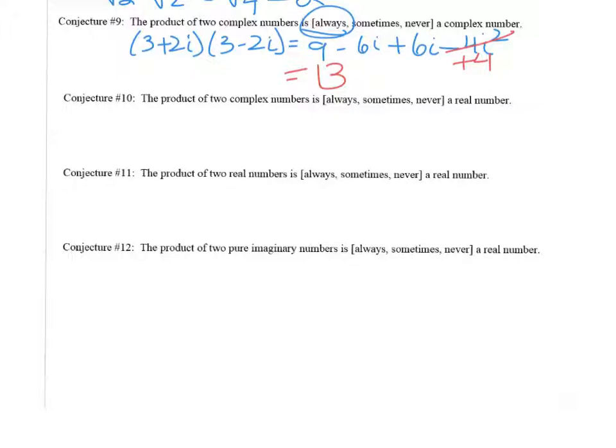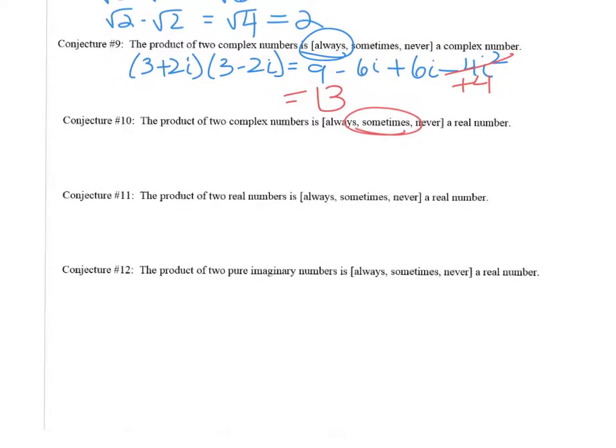Okay, so for 10, you should have circled sometimes. The product of two complex numbers is sometimes a real number. Oh, and I used that already in number 9 with my complex conjugates. So if I multiply together complex conjugates, I'll use the same example, and I got 13. That is a real number.